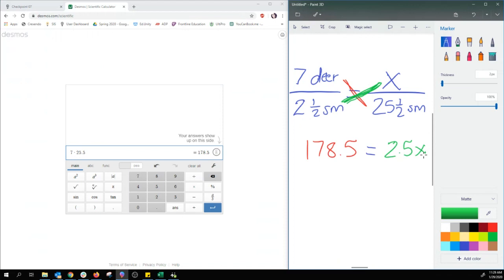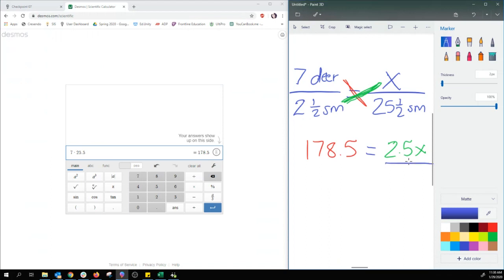Okay. Now from here, what we want to do is get x by itself, because if we get x by itself, that tells us how many deer cover 25.5 square miles. So to get rid of this multiplication that's happening here, instead of multiplying x by 2.5, what's the opposite of multiplying to undo the math that's happening? Opposite of multiplication is what? Division.